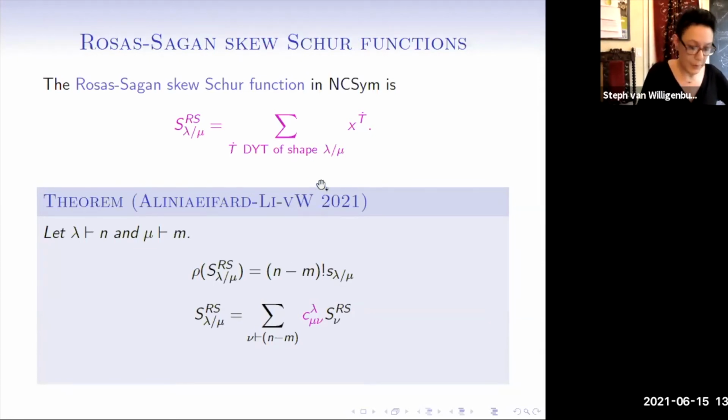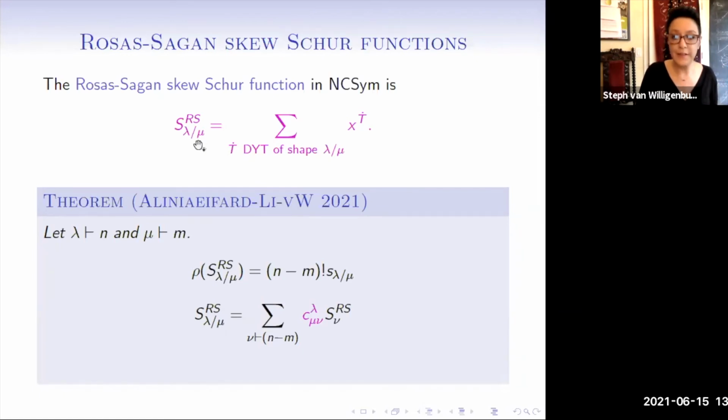Then with this in mind, the Rosa-Sagan skew Schur function is going to be the following. You take all your dotted Young tableaux of shape lambda skew mu. So again, you have your rows weakly increasing, your columns strictly increasing, and then you throw on 1, 2, 3, etc. dots. Then you make the monomial corresponding to it, and you add them all up.